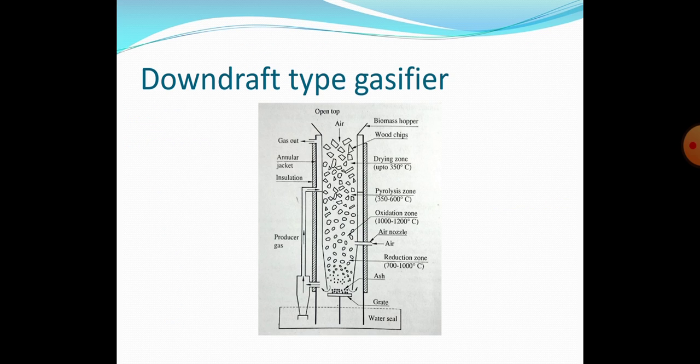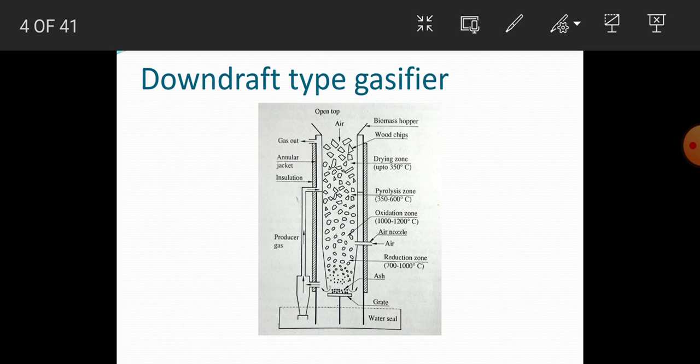First of all, as we can see in the downward draft gasifier, the fuel, biomass, and air move in the same direction. It is best suited for a variety of biomass.